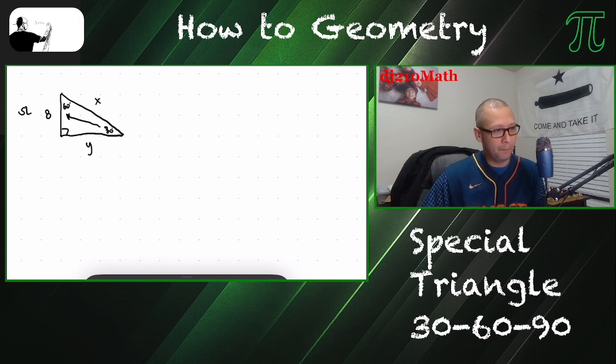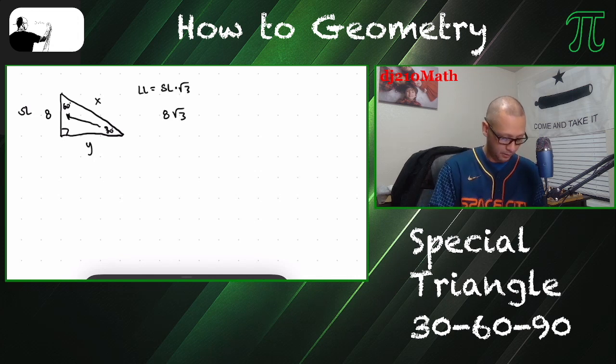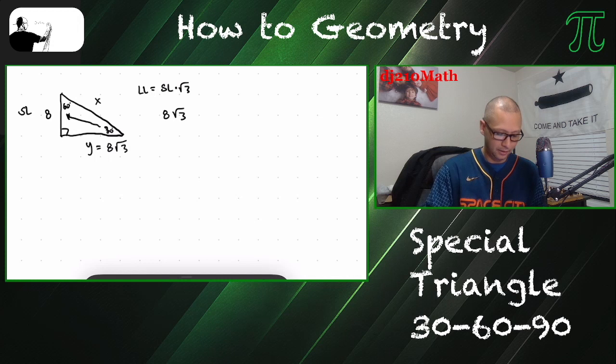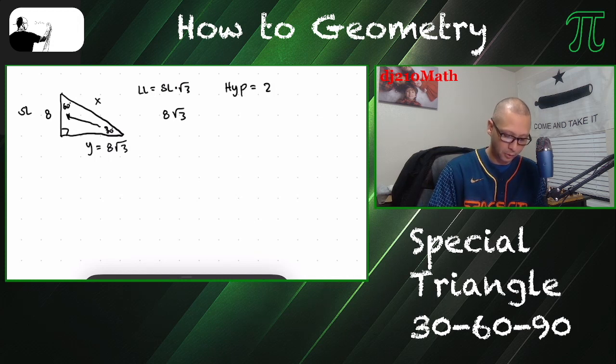The long leg is going to be the short leg times root 3. So in this case, y is equal to 8 root 3. The hypotenuse is 2 times the short leg. So here the hypotenuse is going to be 2 times 8, which is 16.